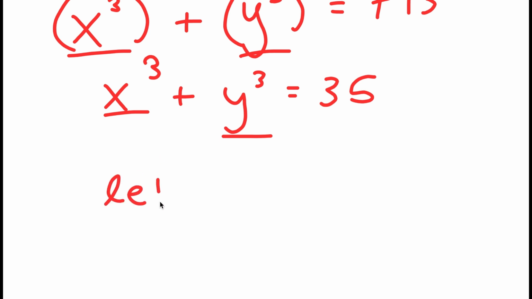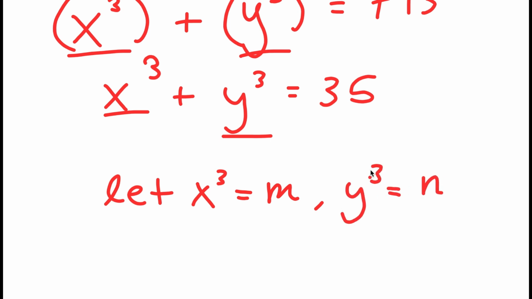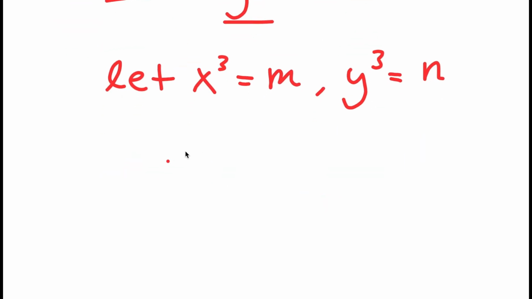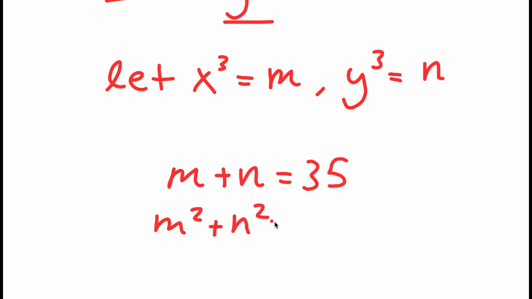I'm going to let x to the power of 3 equal the variable m, and y to the power of 3 equal the variable n. Now if I substitute these values in, I get m plus n is equal to 35, and m squared plus n squared is equal to 793.